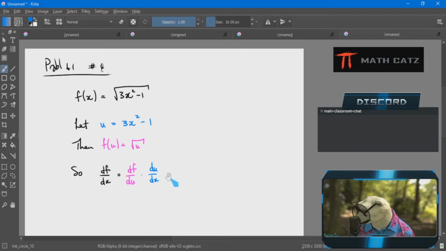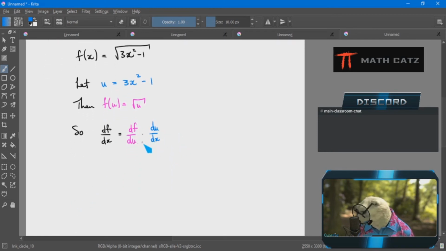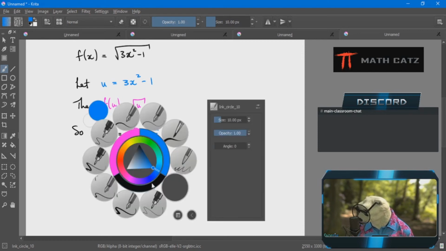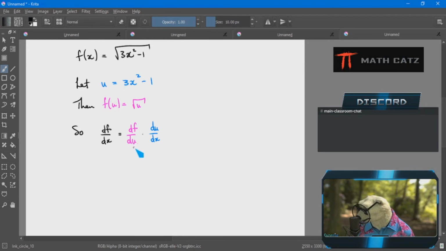Completely separate. And it honestly doesn't make any sense to me why you would want to do these at the same time. The chain rule works because it allows me to look at these separately. Because each one only requires basic properties.